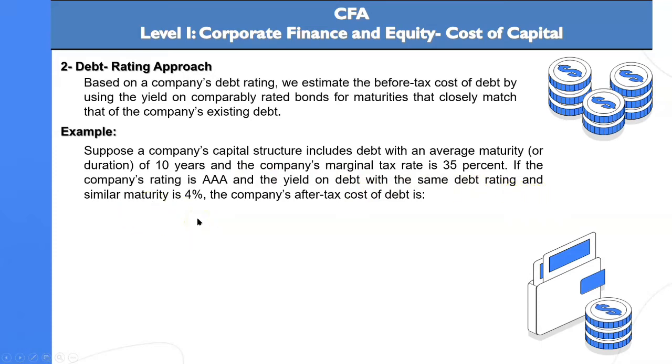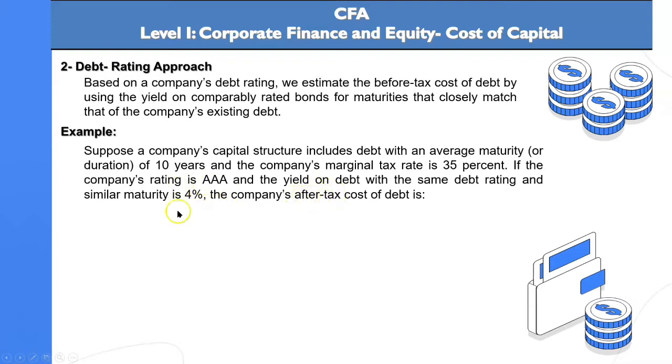That is, companies having bonds issued, rated AAA, with bond maturity of 10 years, are currently paying 4%. So if our company is going to issue a new bond or new debt, and we are triple A rated, and the debt is 10 years or close to 10 years, we can safely assume that our cost of debt will also be 4% before tax.